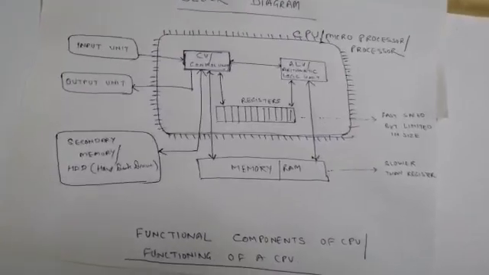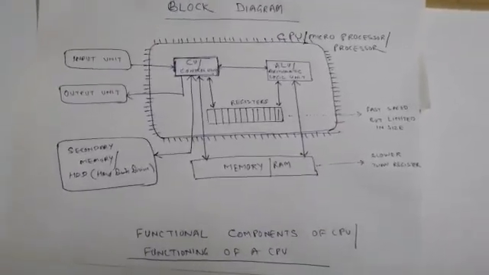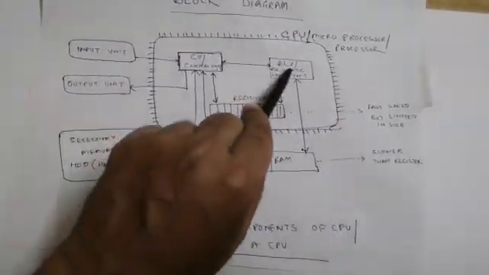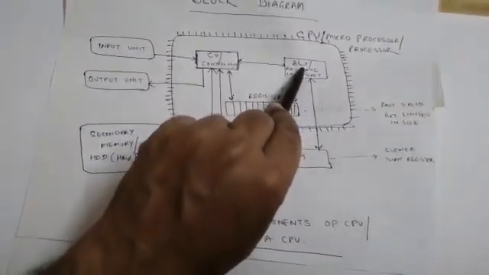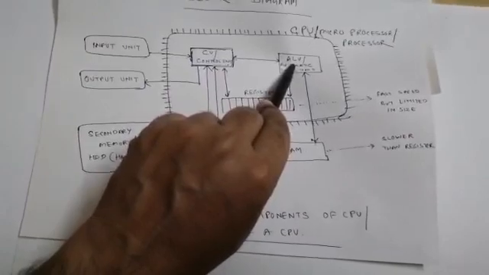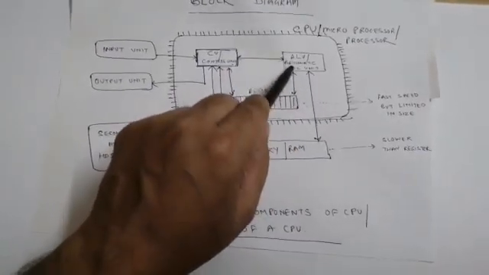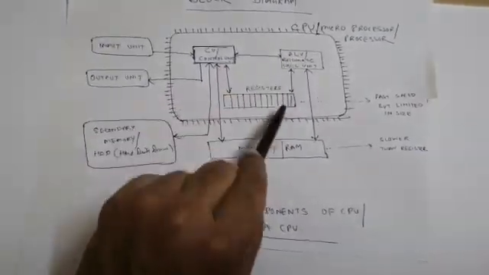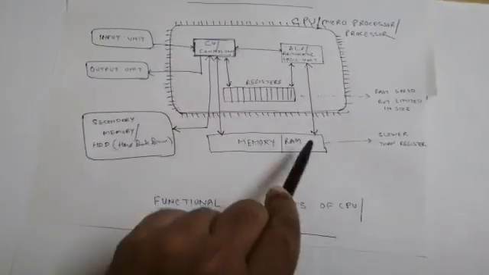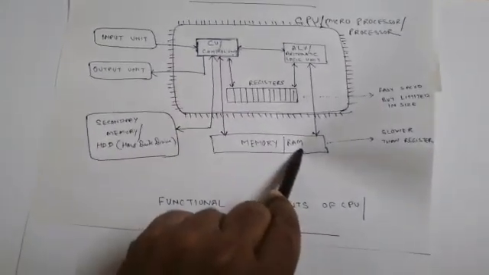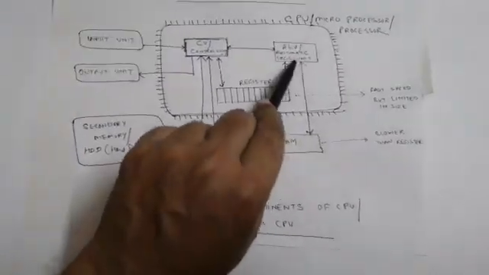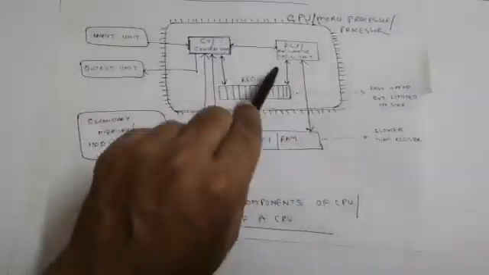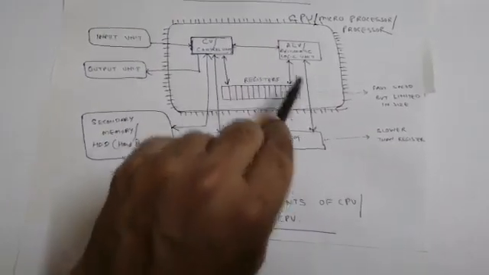If it requires processing, then it gives it to the ALU, arithmetic logic unit. The arithmetic logic unit does the processing on the data, and then it can store it in a register or in RAM, temporary memory. It can also by itself store it in RAM or in a register, this ALU.